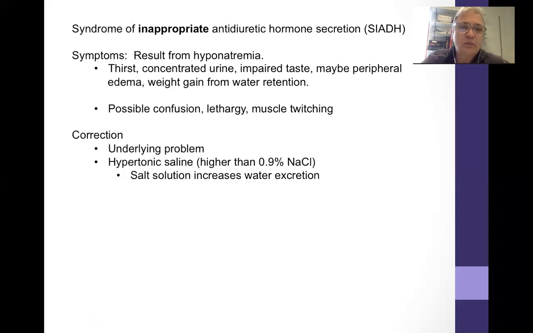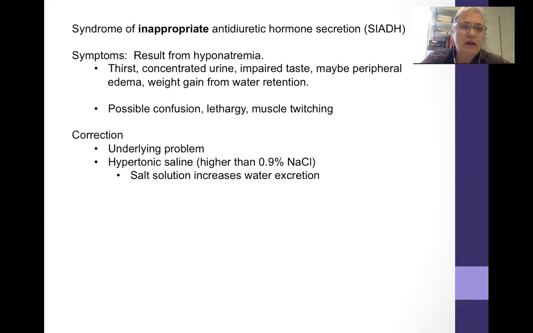You have to correct the underlying problem, and this is with hyponatremia. If you're treating hyponatremia, it's relative to the person, but you would want to add a hypertonic saline solution. I think 3%, but I'm not sure what it actually is.